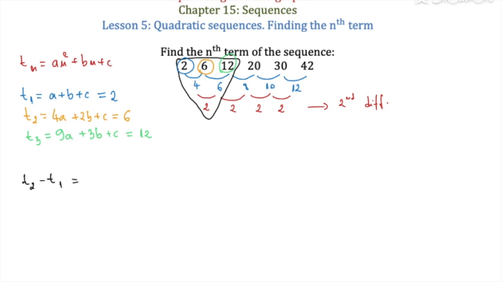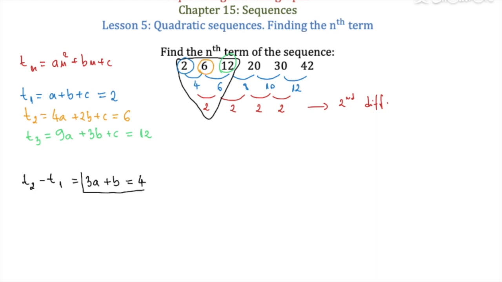Algebraically, we are subtracting a plus b plus c from 4a plus 2b plus c. 4a minus a is 3a, 2b minus b is b, and c minus c is nothing. So term 2 minus term 1 is 6 minus 2, and that's equal to 4. So we get a first equation where we don't have 3 variables.